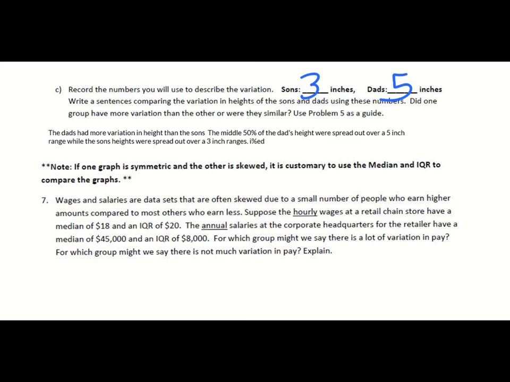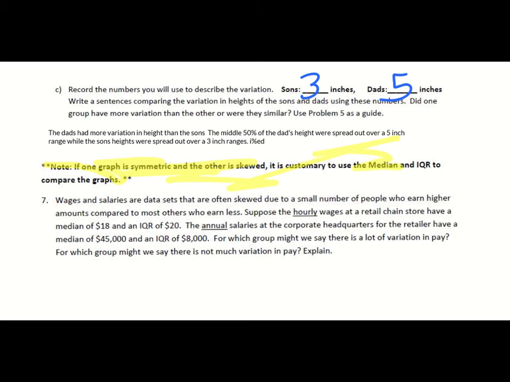Then it says, note: if the graph is symmetric and the other one is skewed, it's customary to use the median and IQR to compare the graphs. So this is important.